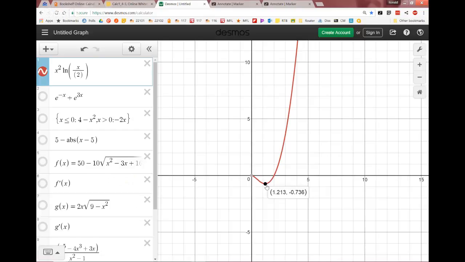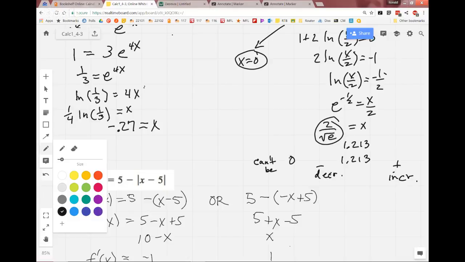Yeah, right there. So that's where it's 0, and you can see it's decreasing in between 0 and that, and it's increasing after, just like we found out. So anyway, there's another example.